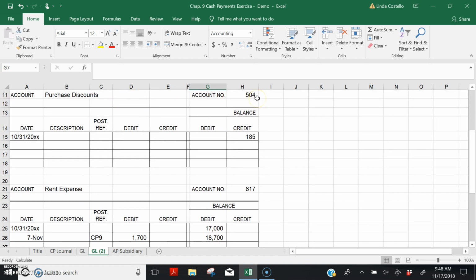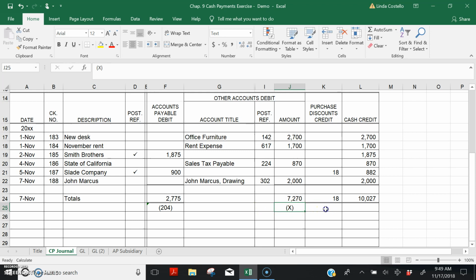Purchase discounts, account 504. Date November 7th, CP 9, $18 credit, leaving a $203 credit balance on account, the $185 previous credit plus the $18 credit we just posted. Return to the cash payments journal and record account 504 in parentheses underneath the total.